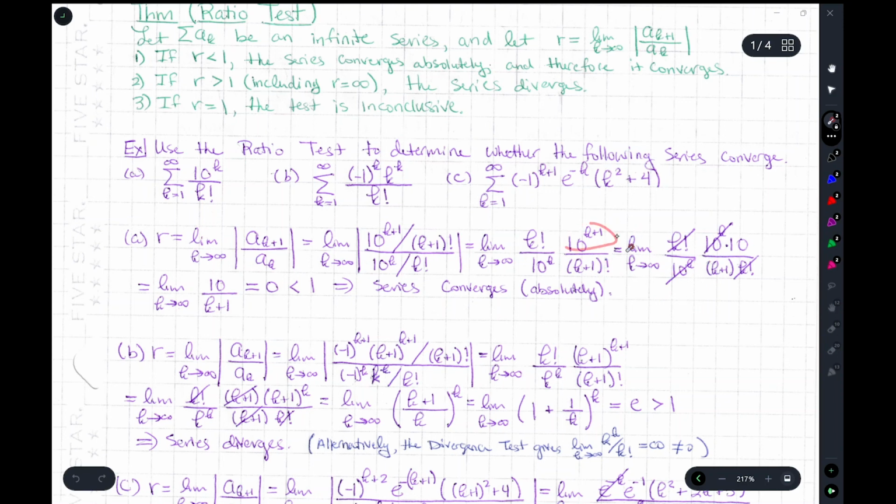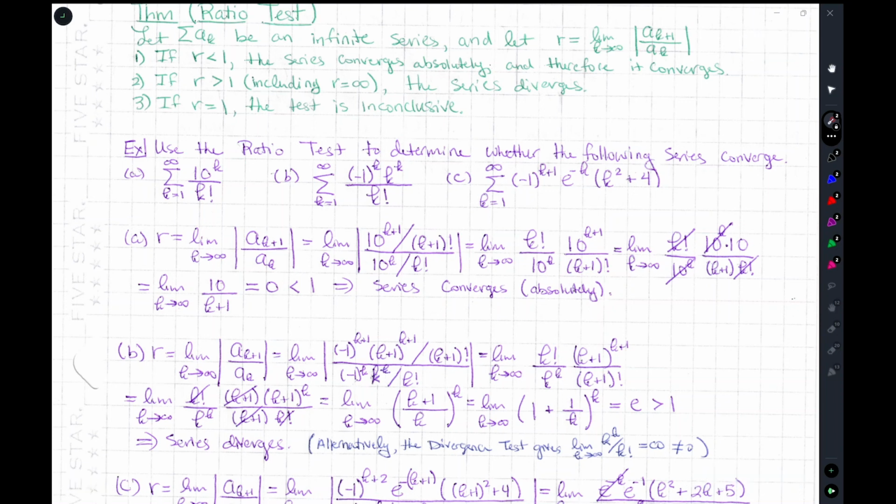We break up that 10^(k+1) into 10^k times 10, taking advantage of the property of adding exponents when you multiply such numbers together. And we'll ultimately get 10 over (k+1). Take k to infinity, and that's 0, which is strictly less than 1. And so the series converges. In fact, it converges absolutely.